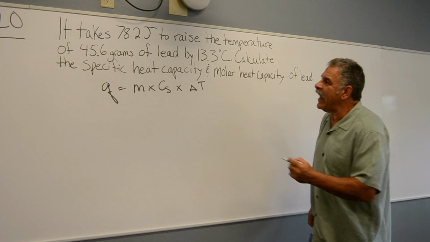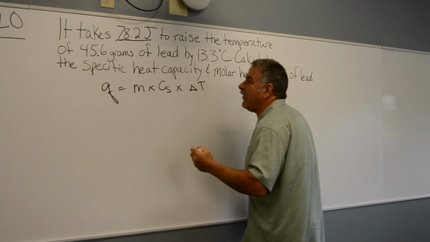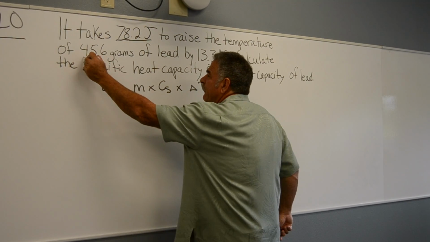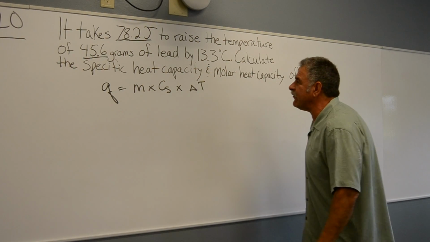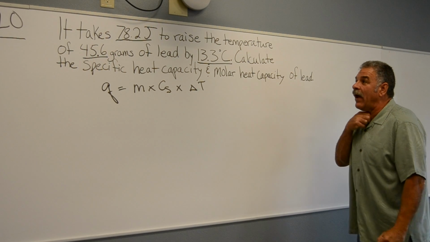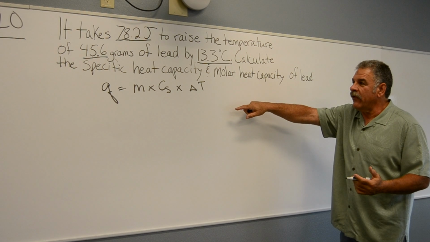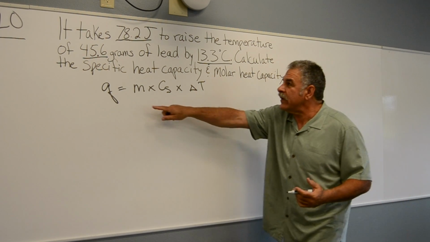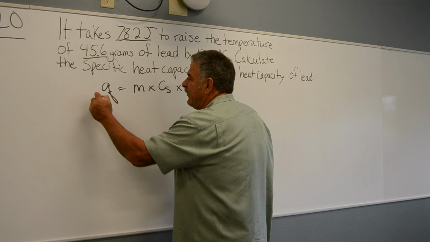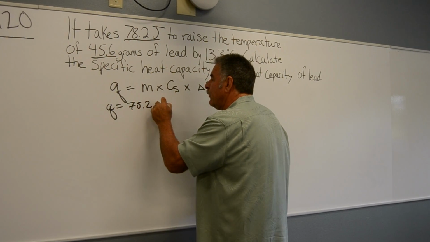If it takes 78.2 joules, like I like to underline the things, the knowns and the unknowns, 45.6 grams, any numbers we were given, 13.3 C. Now, even if I don't know what the problem says, I know that Q is in joules, so Q equals 78.2 joules.